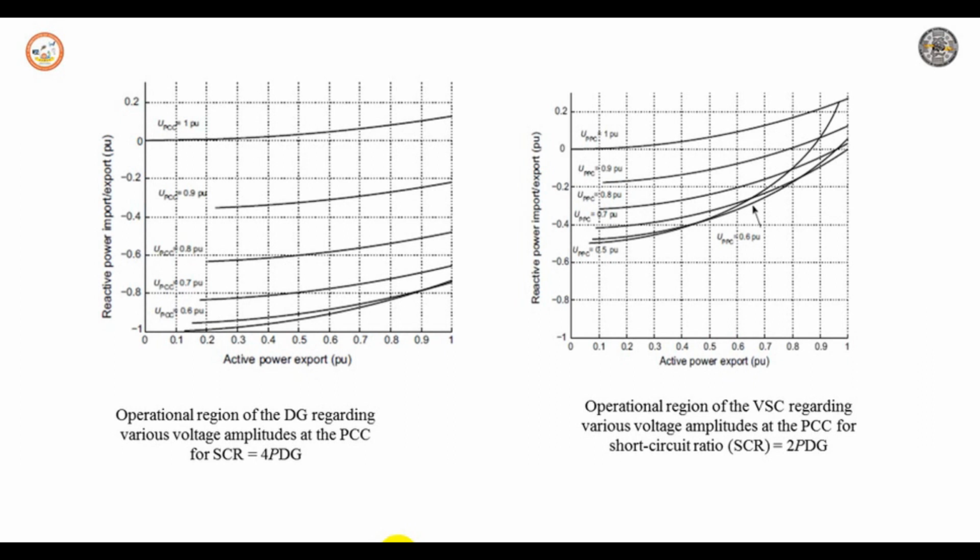For instance, if the DG is injecting 0.8 per unit of active power and the voltage at PCC drops to 0.7 per unit, the voltage regulator will fail to boost the voltage up to 1 per unit. This is because the required active power of 0.8 per unit results in the apparent power exceeding 1 per unit.